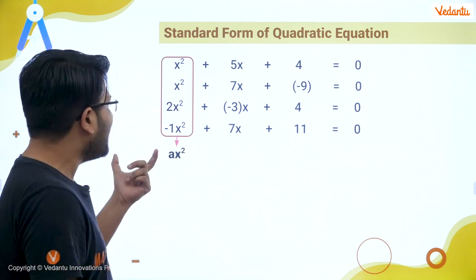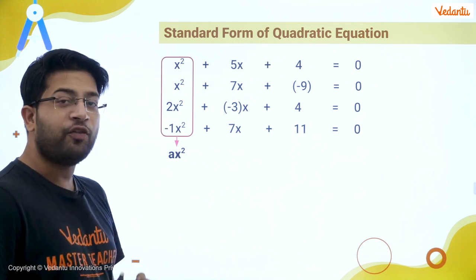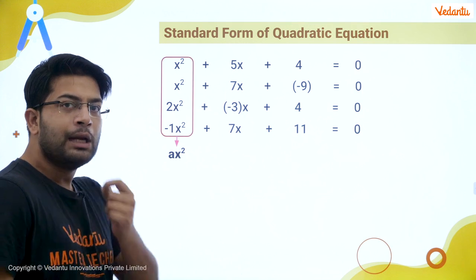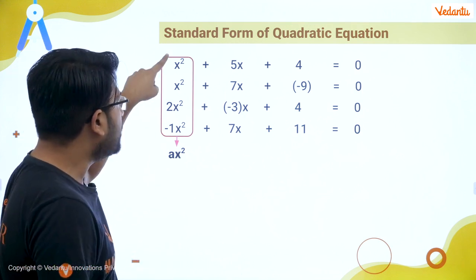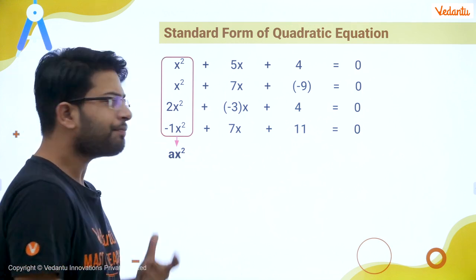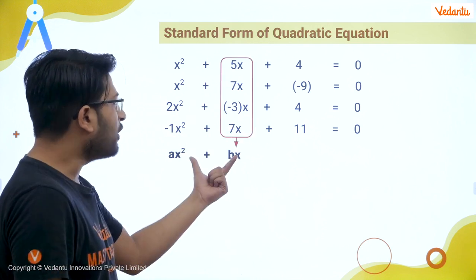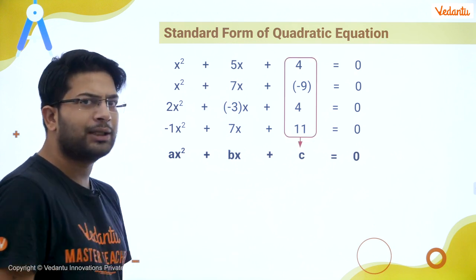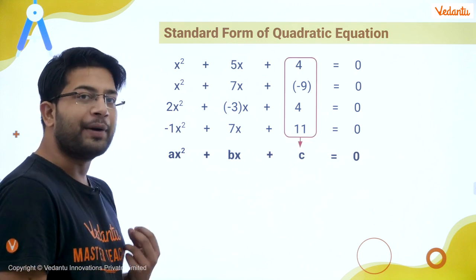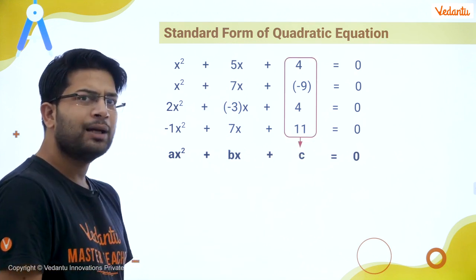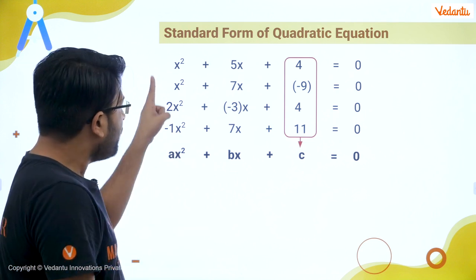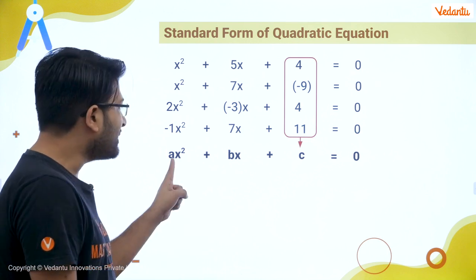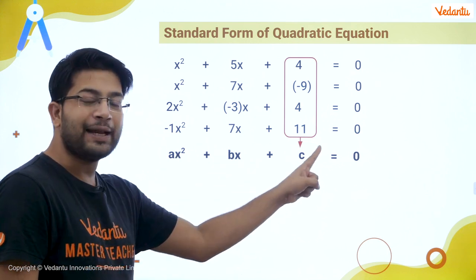Very good. Okay, champ. So we can see how we can define the standard form of any quadratic equation. The first term is of the form ax square. The second term is of the form bx, and the last term is nothing but the constant, which can be represented by a small c. So for any quadratic equation, the standard form is ax square plus bx plus c equal to 0.